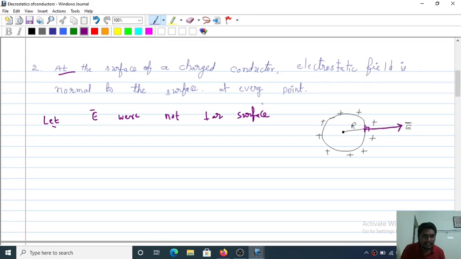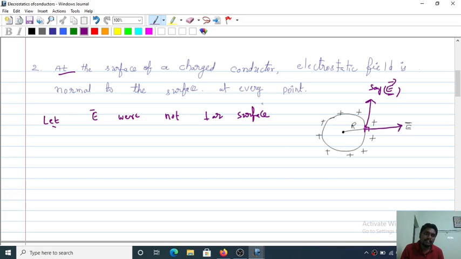Let's say this is the direction of the electric field, and let us assume it is not normal to the surface.